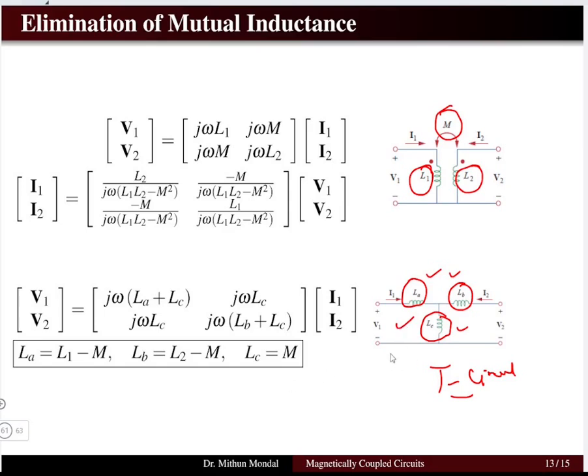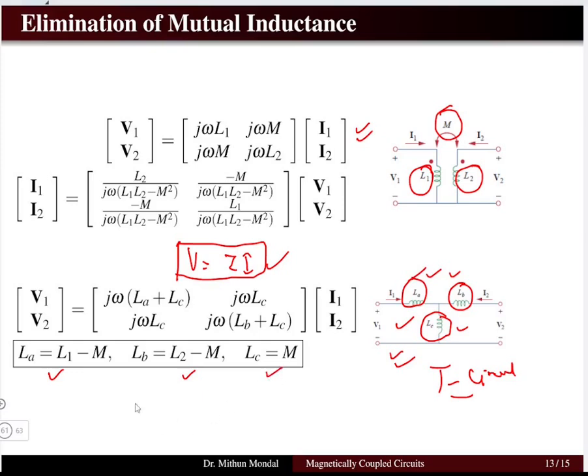So for this circuit, if we write the equation V equal to Zi, that is Ohm's law, and equate it with the normal equation that we got for the mutually coupled circuit, then we can equate that LA is equal to L1 minus M, LB equal to L2 minus M and LC equal to M.